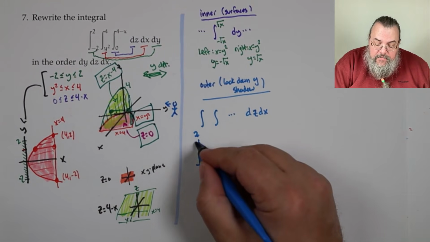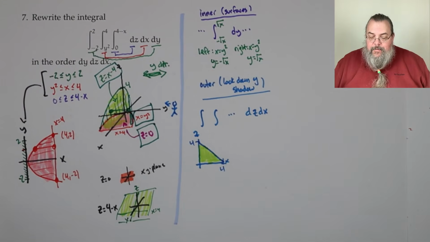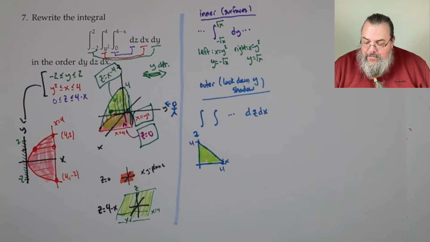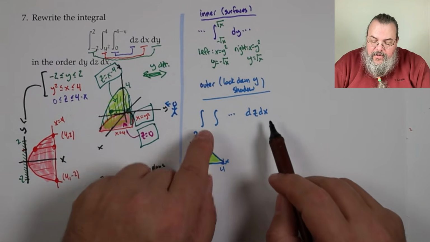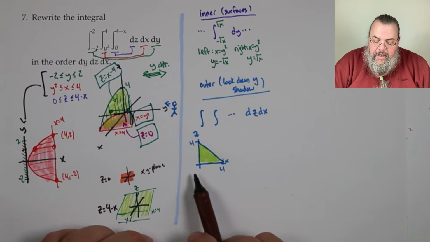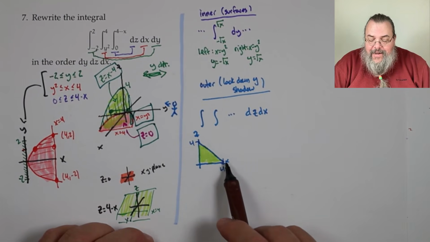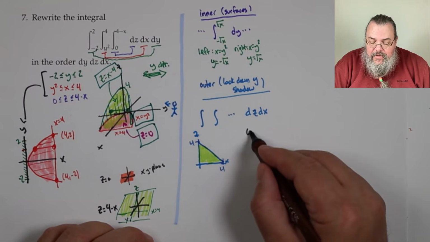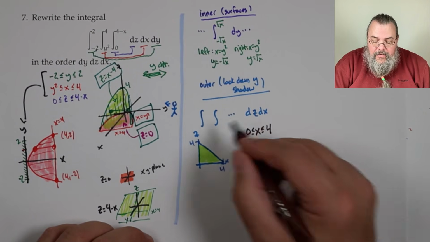Well, yeah, we hit at 4 and at 4 again. We say, this will be good. This will make things pretty straightforward. I say, okay, so we can start with our outer part. X, where does X go from? Low value of X to high value of X. And the answer is low value is 0, high value is 4. 0 to 4.